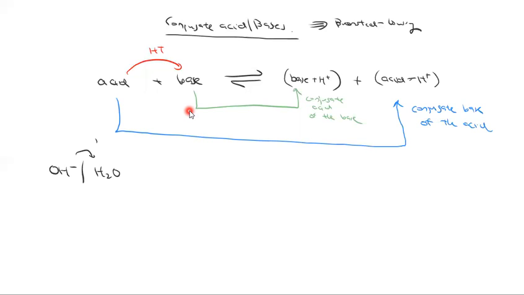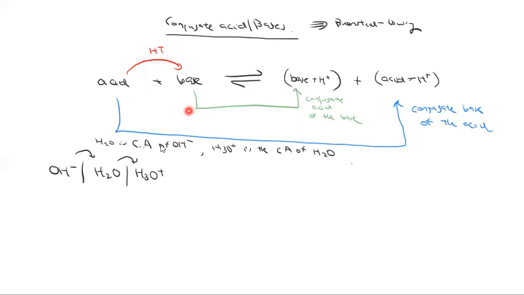In other words, H2O is the conjugate acid of OH-, and we could keep going. Add another H+, and it gives me H3O+. So H3O+ is the conjugate acid of H2O. And it's a relationship word.